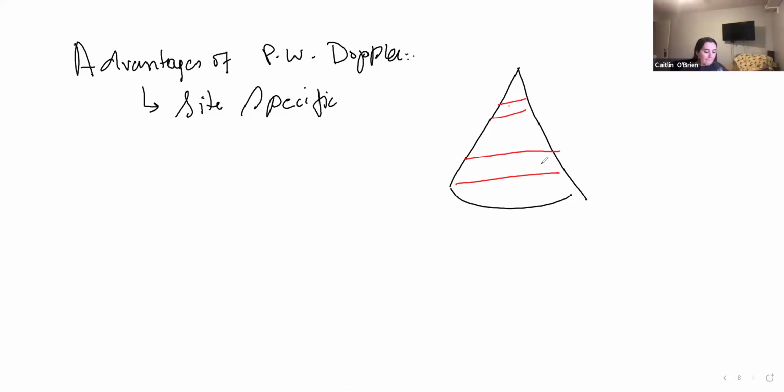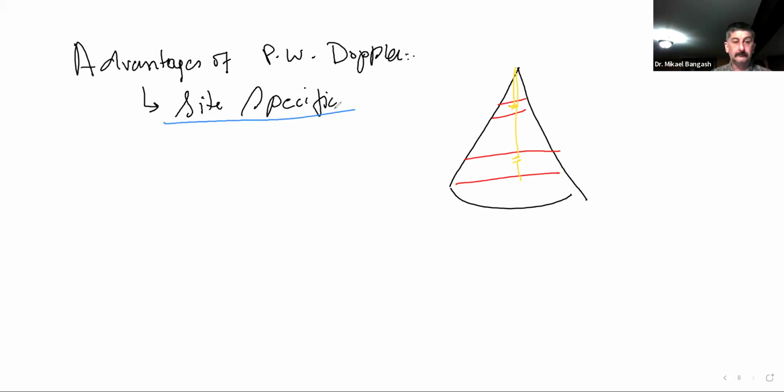The only thing that you had to do was to move your sample window to this point here, or if you wanted to, move it down to this point here, right? Did you guys get that? So this is it being site specific.